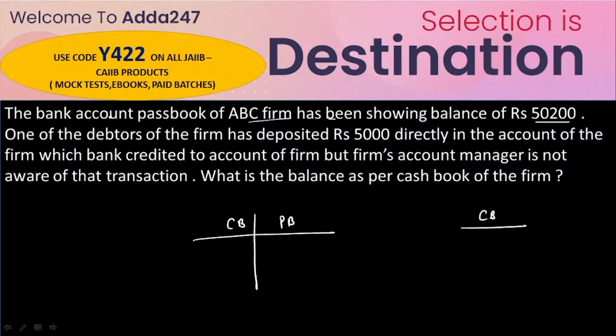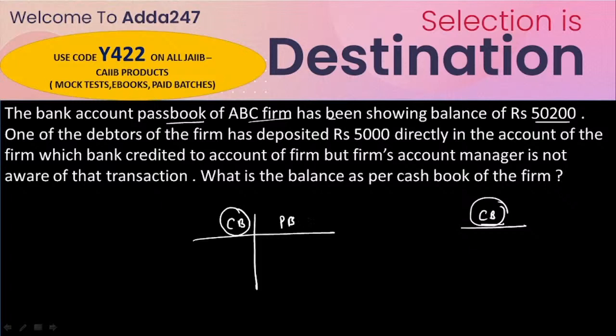Instead of the passbook balance, if it is written the cash book of ABC firm, we write here passbook. But here passbook is given, so that's why we write here cash book. After that, just circle this and this for understanding easily.